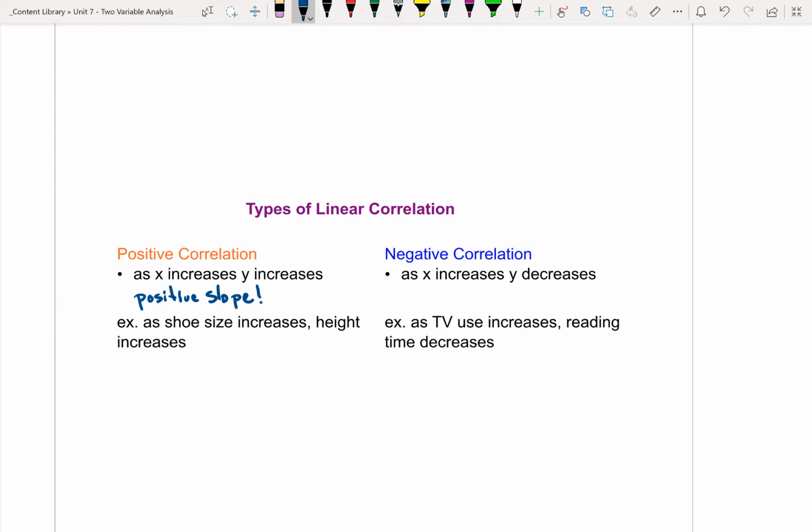A negative correlation means as x increases, y decreases. Or you could think of it as y increases, x decreases. It's basically that they're not the same. As one increases, the other does the opposite. And again, using terminology from grade 9 and 10, this would mean a negative slope.